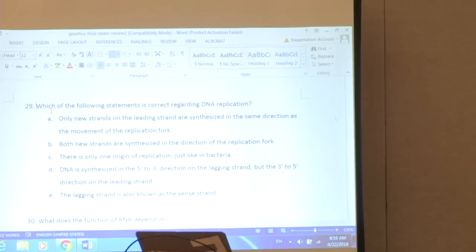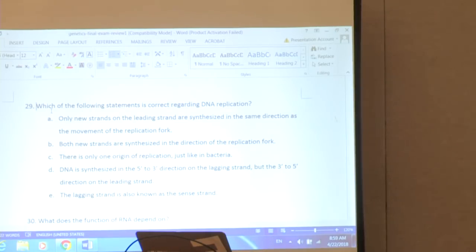So it is A, right? So it's only new strands on the leading strand are synthesized in the same direction as the movement of the replication fork. That is what we would define the leading strand as. Synthesis is in the direction of the replication fork, while the lagging strand is in the opposite direction. So that's why B would be incorrect.